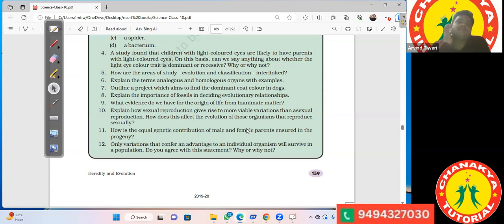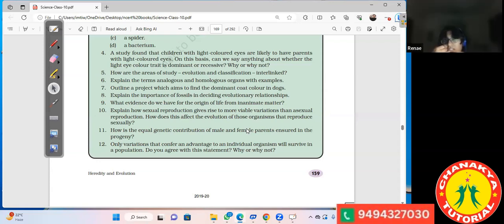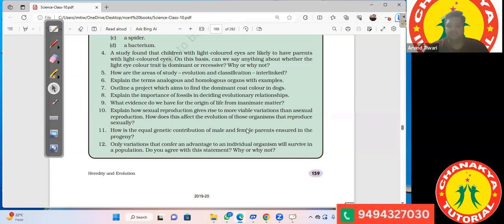But we could say that the gene is consistent. That's why it's dominant, because even if the children have light colored eyes, it still shows that the gene is consistent enough to pass down throughout the years. Saryu, what's your point of view?